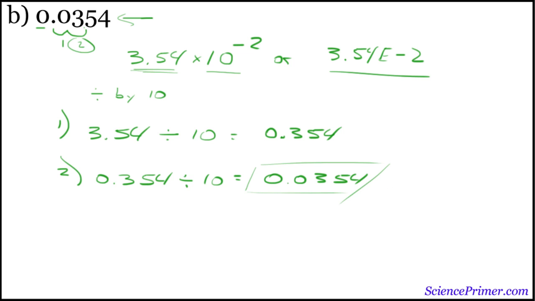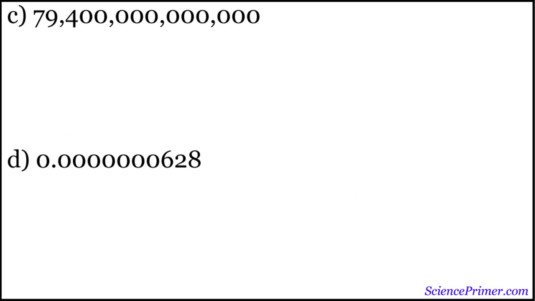Let's do a couple more problems. Now we're looking at much bigger and much smaller numbers, but the process is exactly the same. We're going to make this a single digit decimal fraction, 7.94, add times 10. And since this number is greater than 1, this sign is going to be positive.